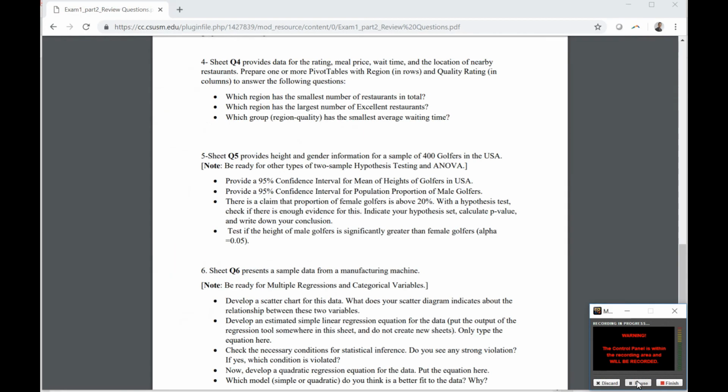Now the last part of question 5: test if the height of male golfers is significantly greater than female golfers. So this is what we want to test.